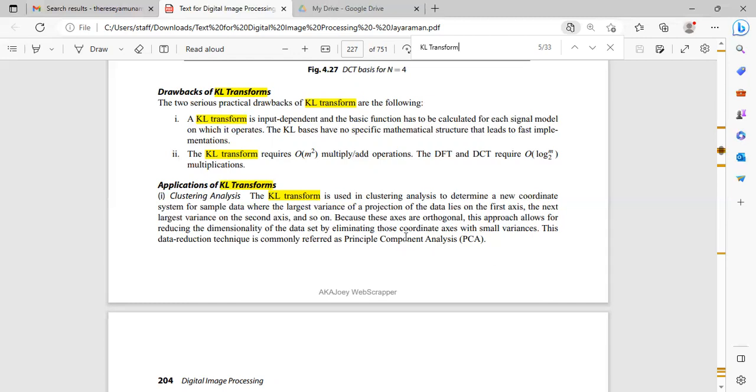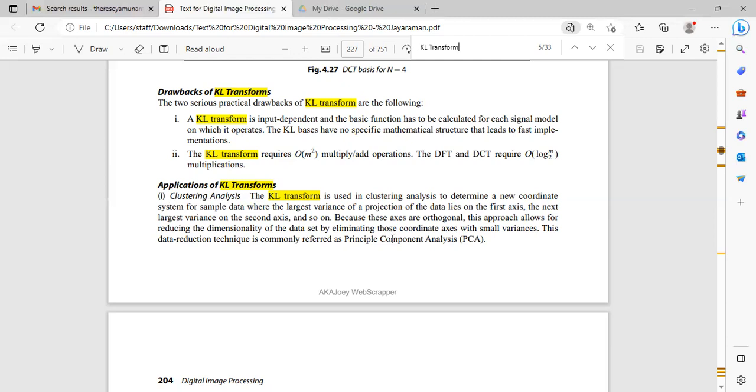Okay. This is what I told you. This is a transformation which depends on the variance in data. So the first axis will be taken along the direction of the maximum variance. That is called the first principal component.